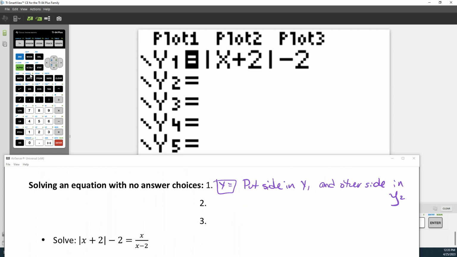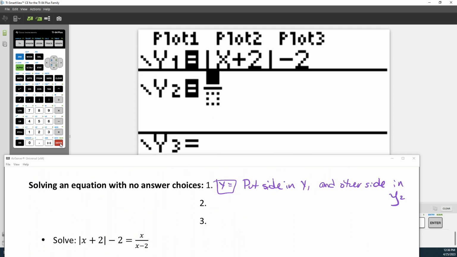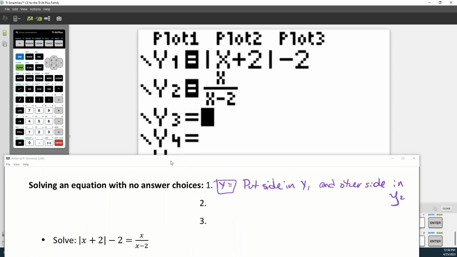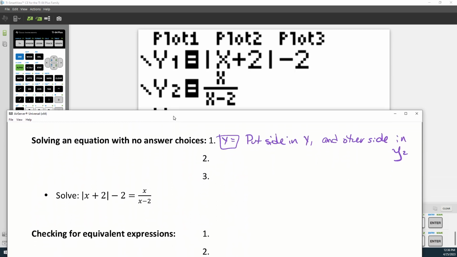Okay, and then the other side's a fraction. Fraction is alpha y equals number 1, and then x over x minus 2. All right, then we're going to look at the graph.